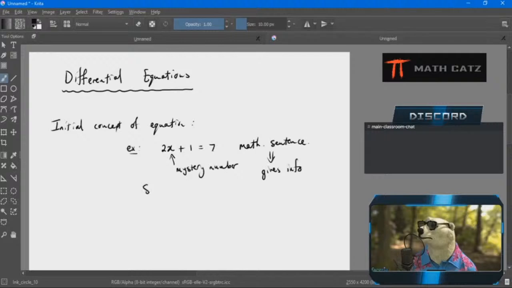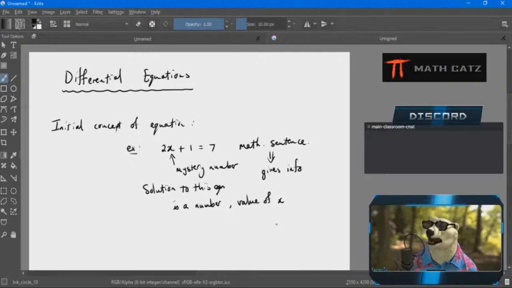And then when we solve it, the solution to this equation is a number. More specifically, the value of x. Now, sure, in some equations, maybe like a quadratic equation, you can have more than one option for what this number is, but it's still a number.